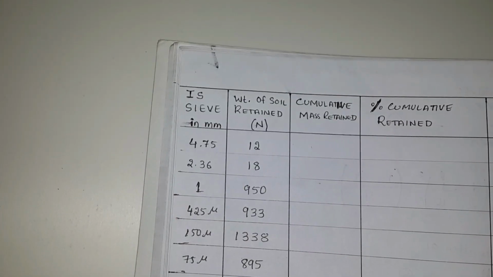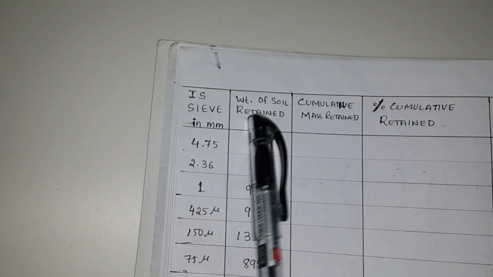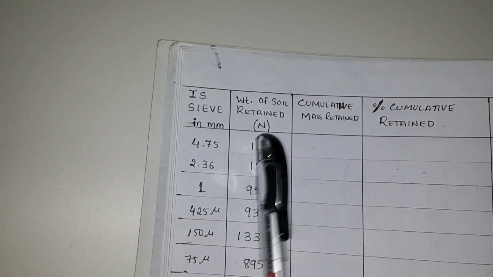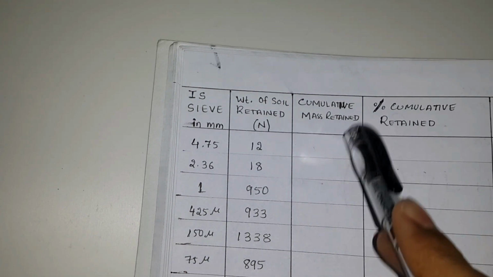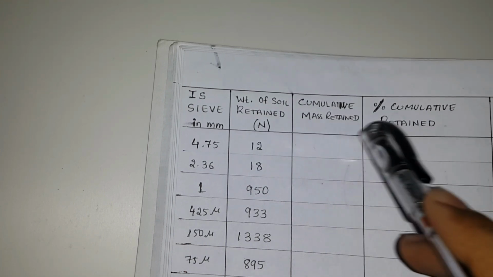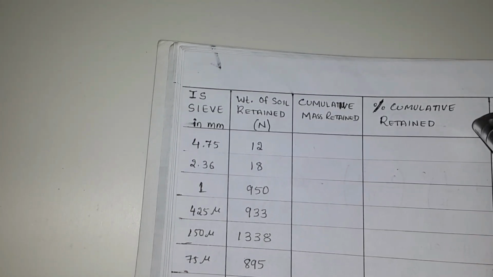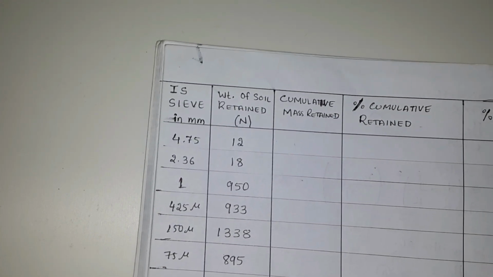The first two values, sieve size and weight of soil retained, are given in the problem, and we have to find the cumulative mass retained, percentage cumulative retained, and percentage finer.